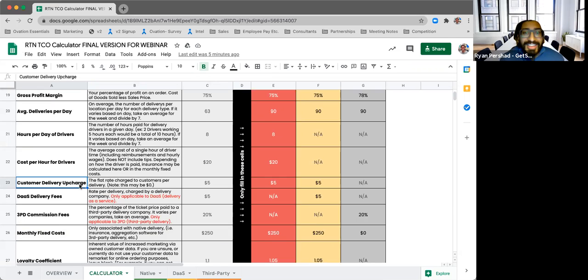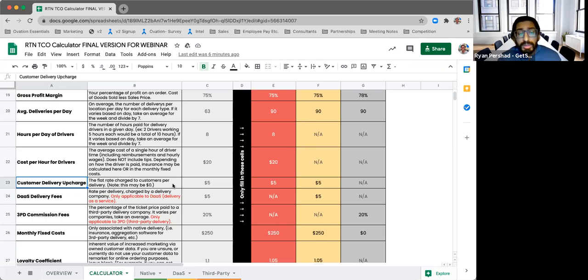Oh, and then this one's me. I was following up there. The customer delivery upcharge is something that a few people asked us about. The idea being here, as you're moving through different models, if you're shifting some of your deliveries from third party to in-house, or you're starting from scratch, and consumers are used to ordering through apps and websites and maybe paying surcharges for delivery, this is possibly an opportunity for an operator to do it as well.